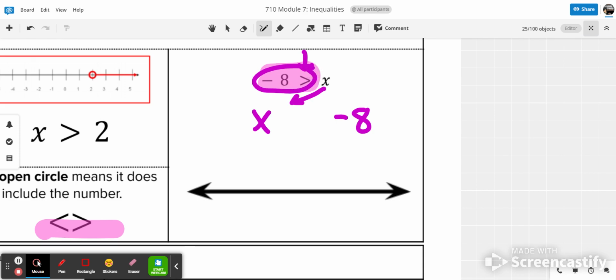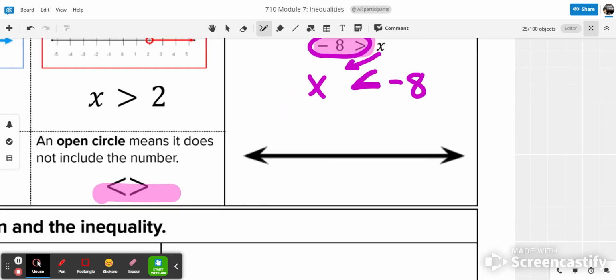So when I flip this around, I do not change the inequality, and I make sure that it's still opening up towards the 8. So now when I go to graph that, I'm going to put my -8 on the graph. And since it is a less than symbol, I have to have just an open circle, and the numbers less than -8 go to the left.